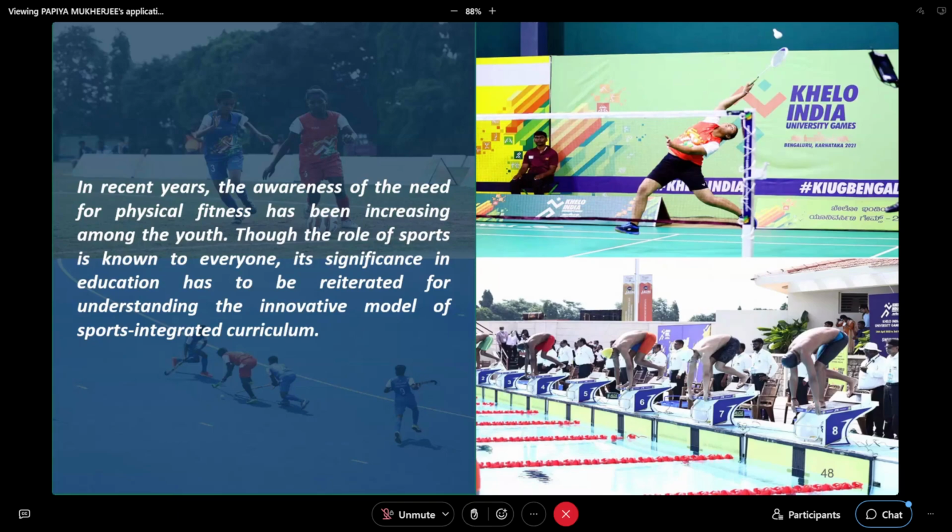However, as educators we need to reiterate and understand that we are not talking of sports alone. We are talking about an innovative model of developing a sports integrated curriculum, which is very different from having sports in the school.